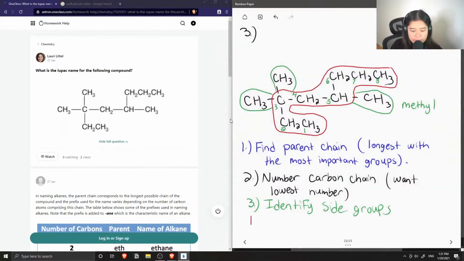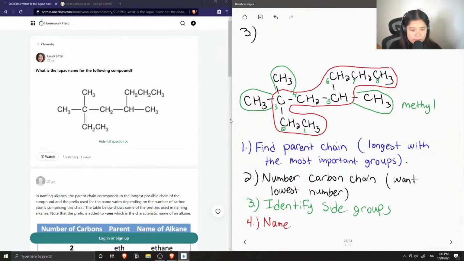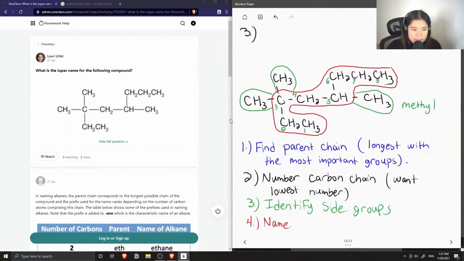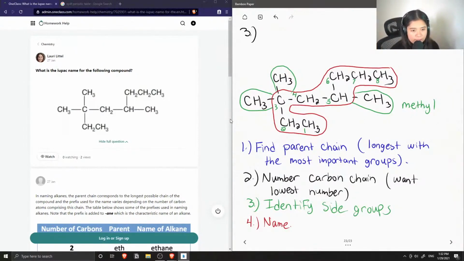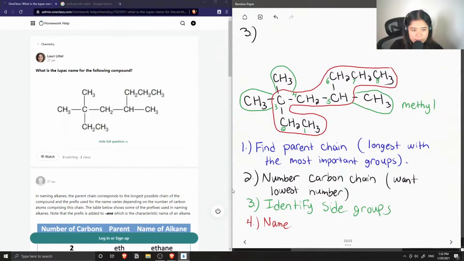And now step 4 is to finally name our compound. We want to name our substituents first. In this case, these are the methyl groups, and I have 3 methyl groups in total. To show which carbons my methyl groups are on, this is where I would number. On carbon 3, I have a methyl, and also on carbon 3, I have another methyl.